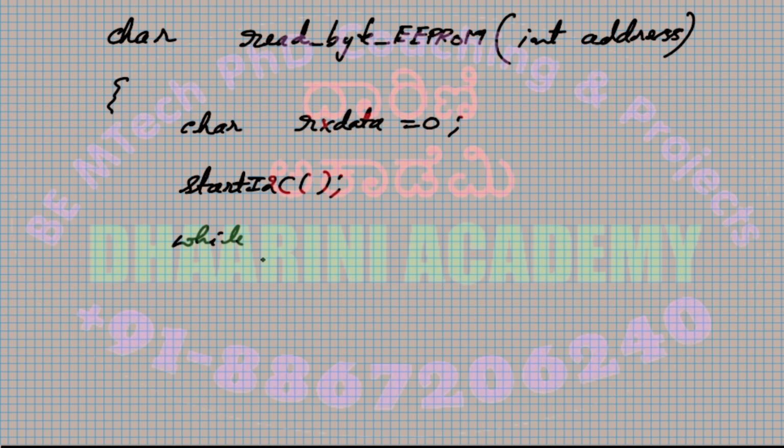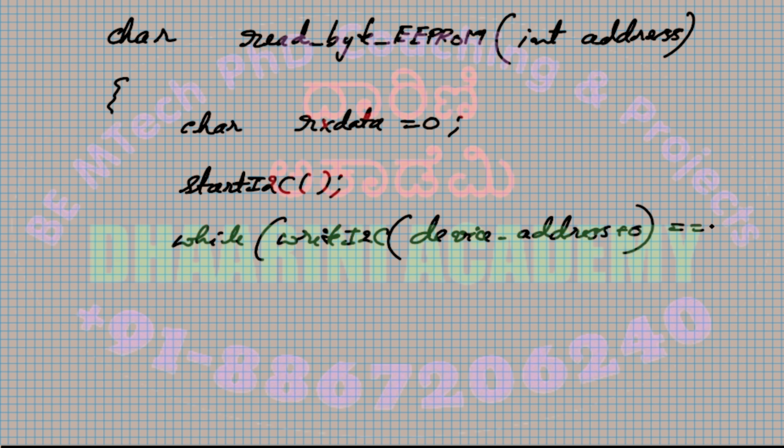While the write I2C, this program we have not written, we'll write it later, of device address plus 0 equals to 1. When this is the condition, you keep repeating.